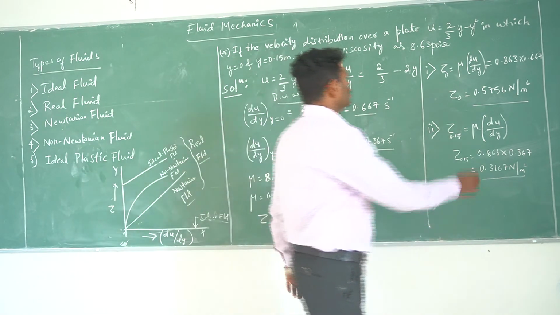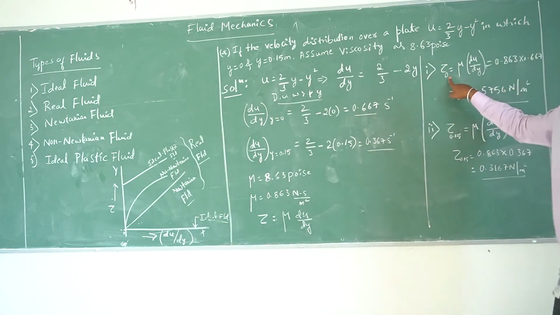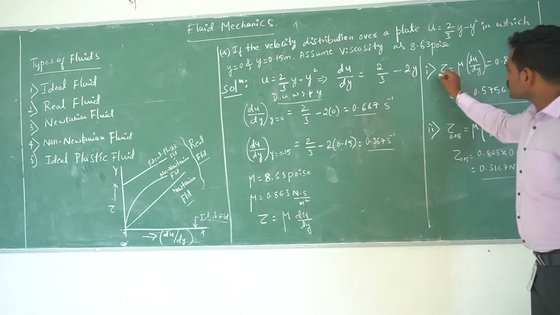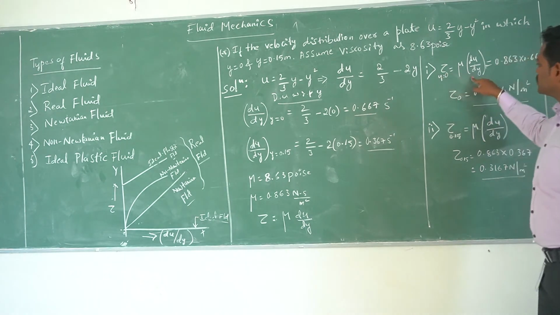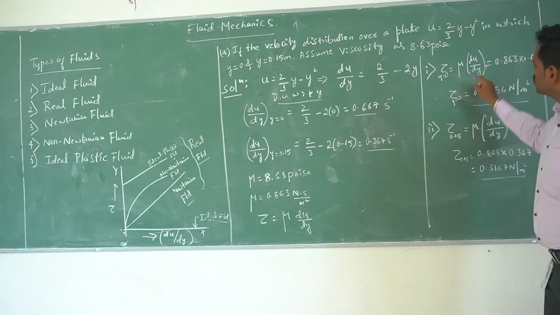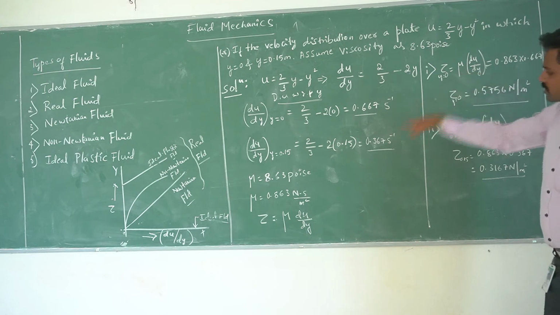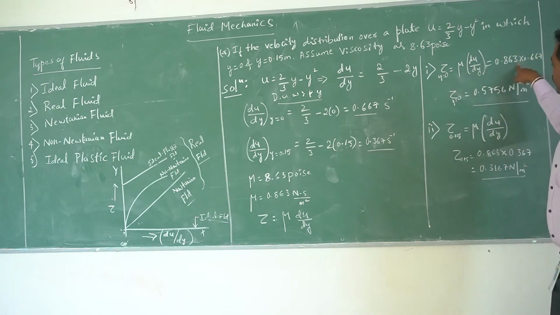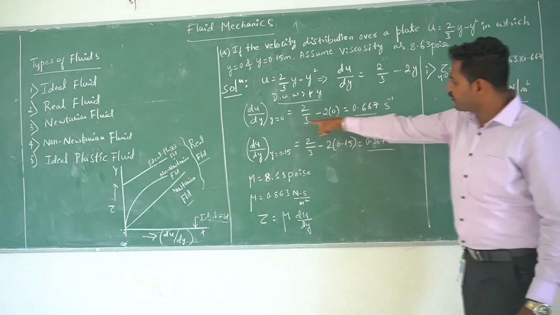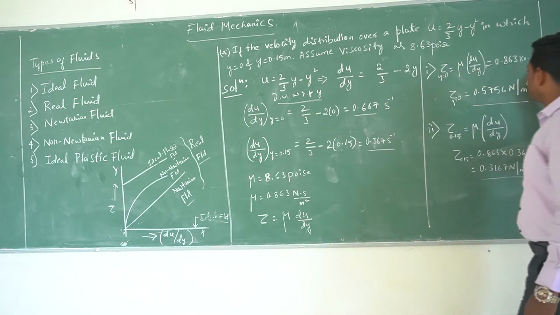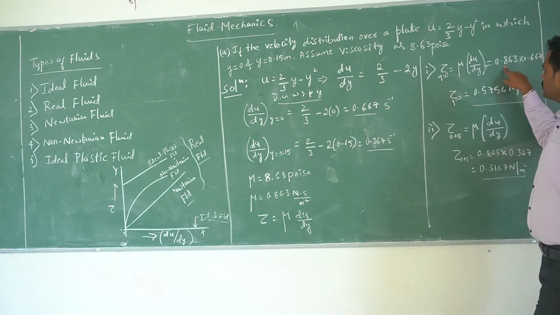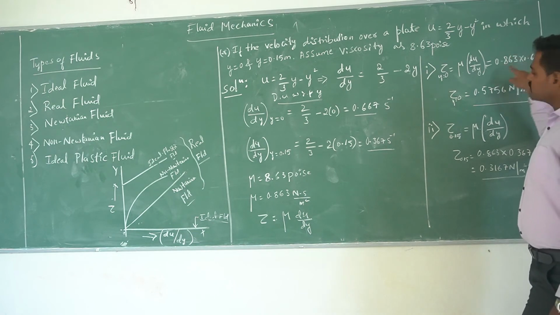Here we can see the first condition, when y is equal to 0, the shear stress is mu into du by dy. Mu is 0.863, then du by dy when y is at 0 is 0.667. Here it is Newton second per meter square, here it is per second. Both the seconds will get cancelled, then it is Newton per meter square.